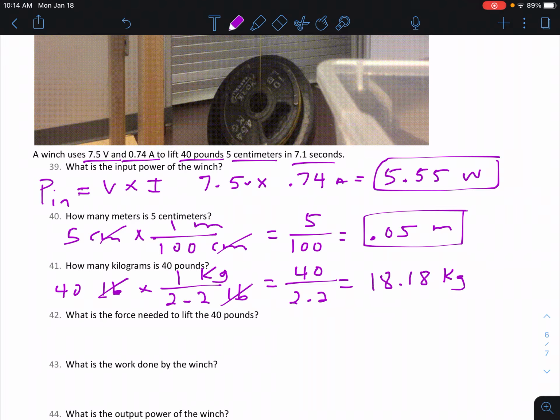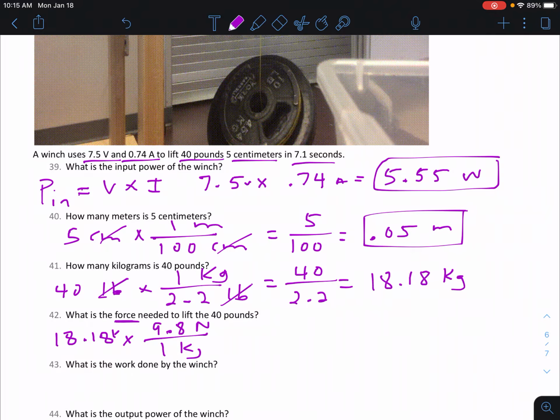Number 42, the force needed to lift 40 pounds. So we need to convert kilograms to newtons to find out what the force is. Okay, so we have 18.18, and we're taking into consideration the force of gravity, which is 9.8 newtons per 1 kilogram.